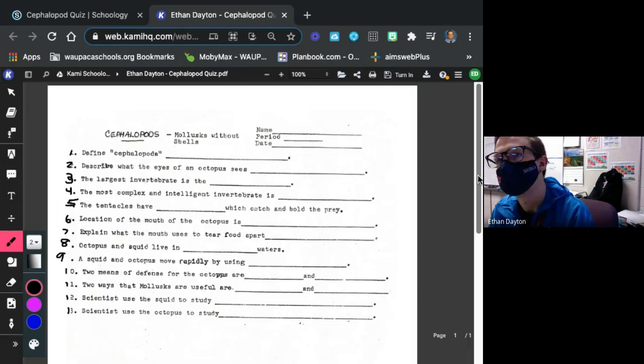Number 3, the largest invertebrate is the blank. If you have any questions, please just let me know. Number 4, the most complex and intelligent invertebrate is the what?